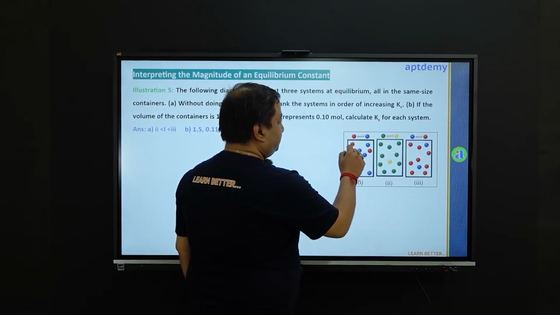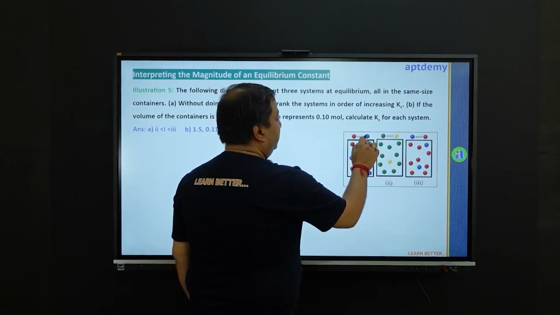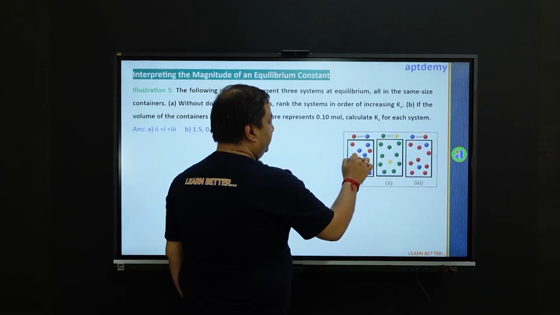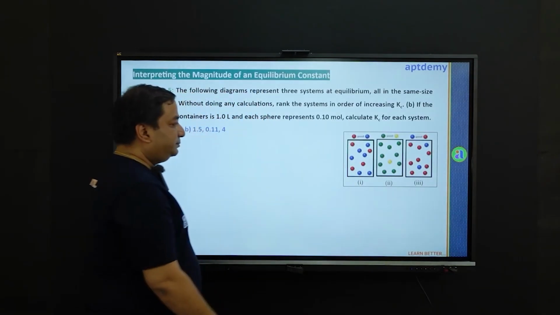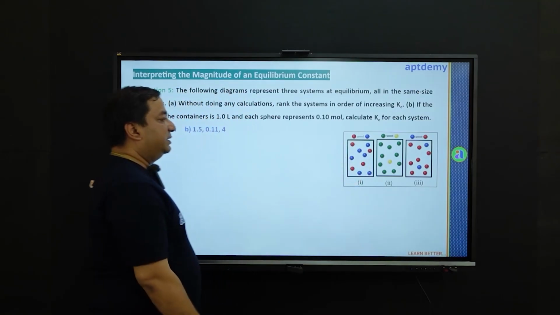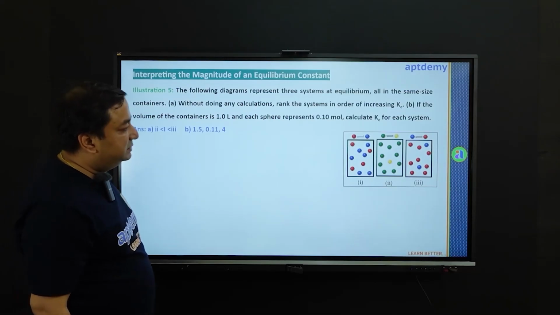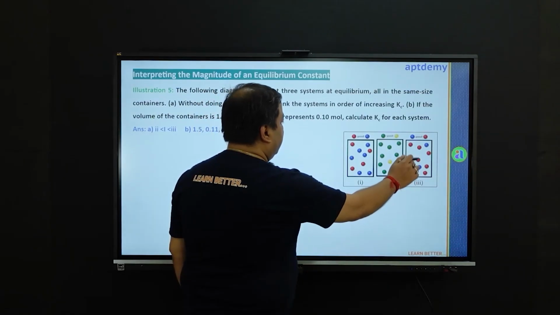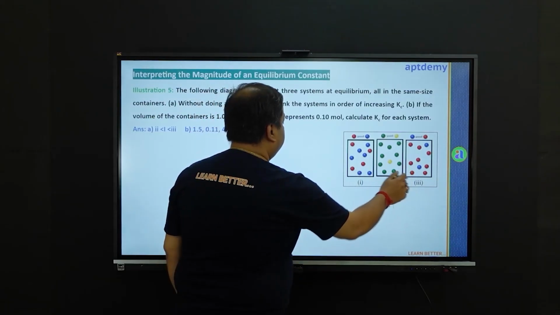What about box number 1? Over here the blue spheres represent products. So there are 1, 2, 3, 4, 5, 6 products and 1, 2, 3, 4 reactants. So for both of these, the Kc value will be greater than 1, but it will be highest for box 3 when comparing boxes 3 and 1.